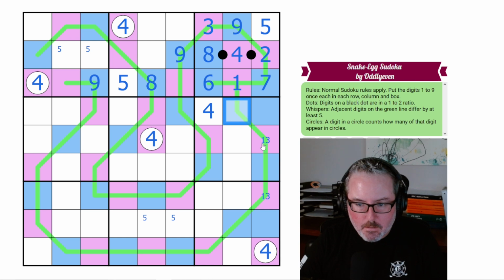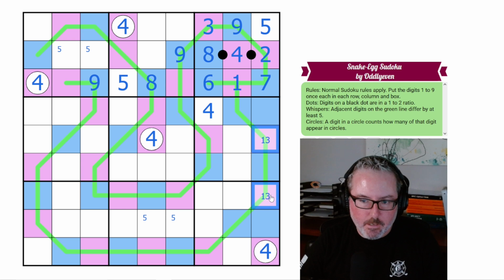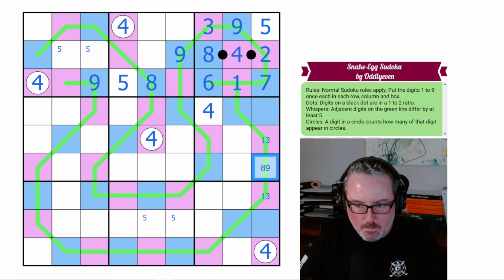Now, one of them has to be a 1 on one side and one of them has to be a 3 on the other side. So this has to either be 8 or 9. 7 wouldn't work there because the 3 will always put it out. And we know there's no 7 here anyway. So we need to be able to put a low digit here. It can't be 4 or 2, but it could be either 1 or 3.